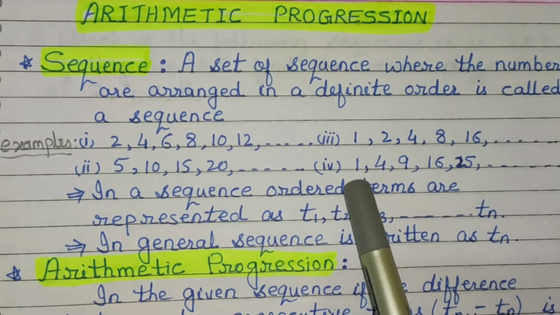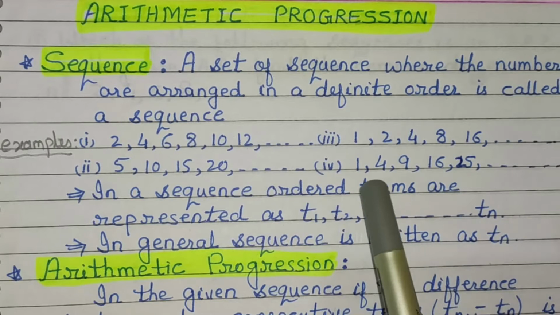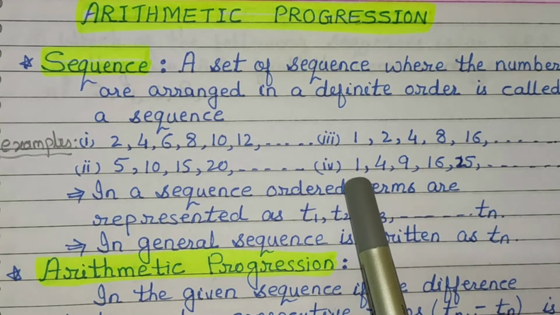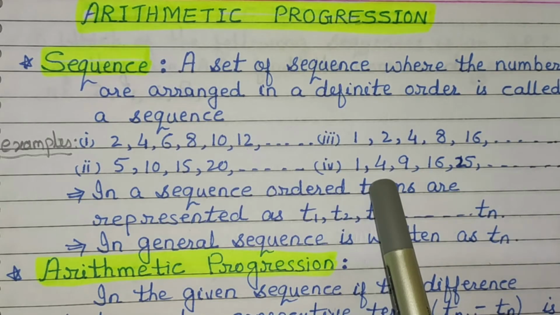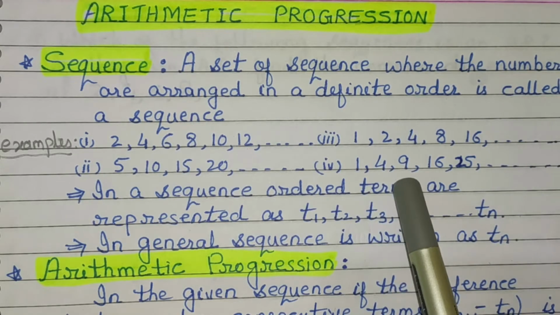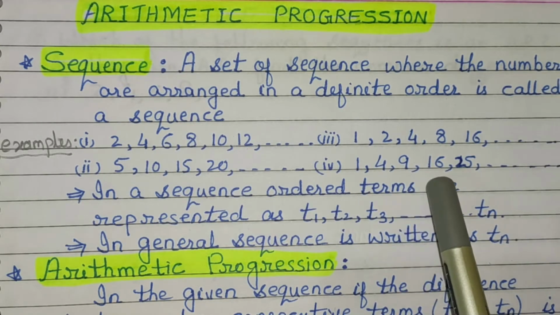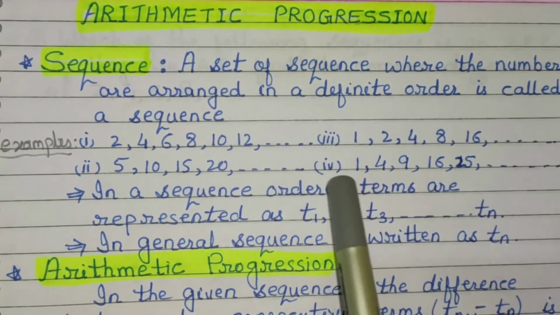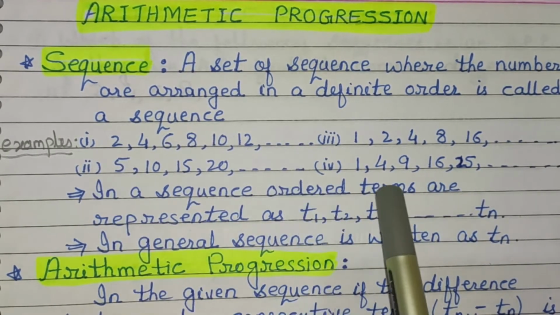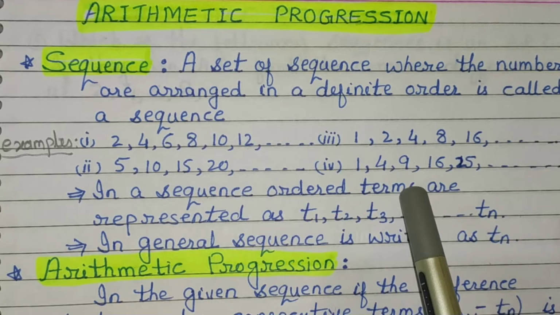It is the square of the natural numbers. Square of 1 is 1, square of 2 is 4, square of 3 is 9, square of 4 is 16, and so on. Therefore, all these examples are arranged in a definite order. Therefore, it is called a sequence.